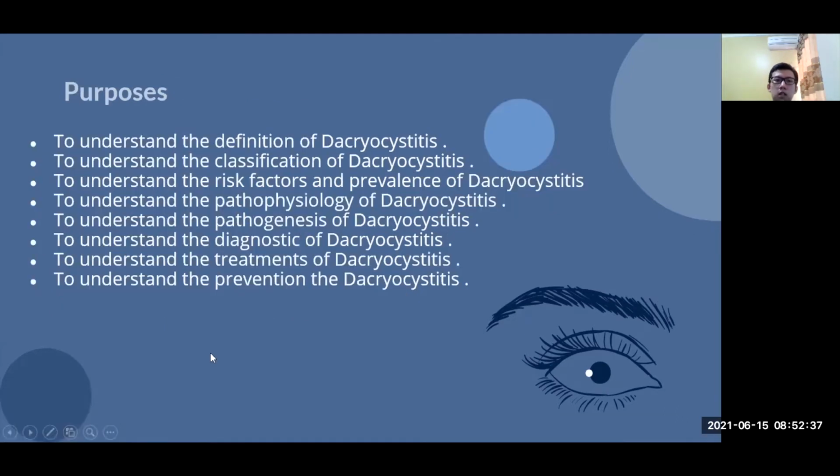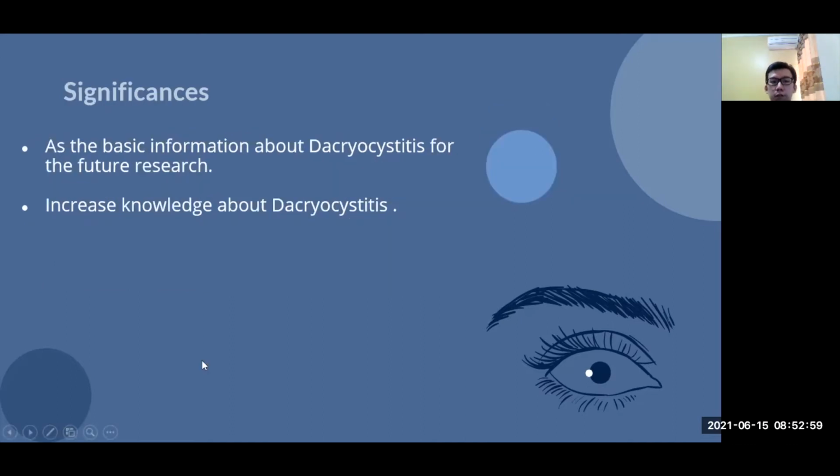The purpose is to understand all of these. The significance is, first, as basic information about dacryocystitis for future research, and second, increased knowledge about dacryocystitis.